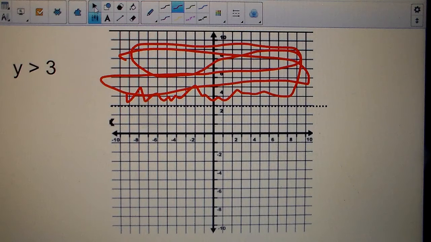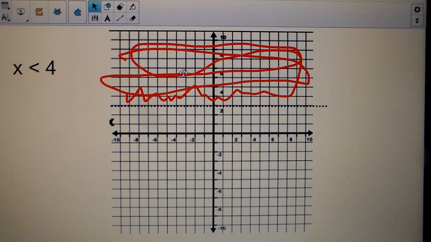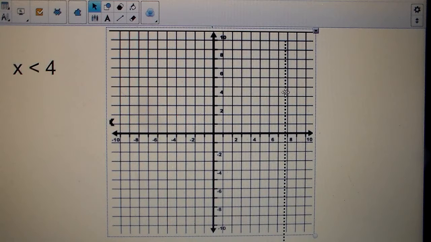Let's say now we have x is less than 4. Delete that previous one. X is less than 4. That means we need to make a vertical line, a line going up and down, at positive 4.